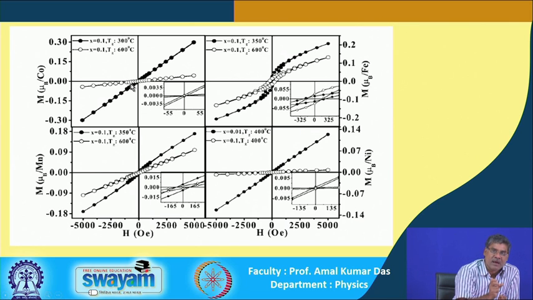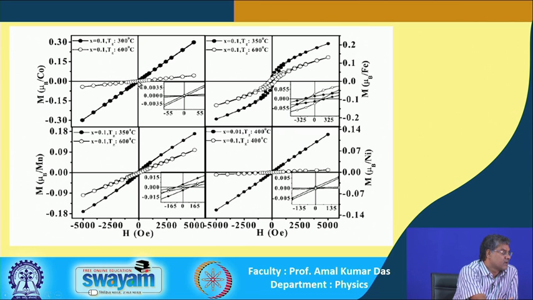So, now you have to expand, you have to magnify it to see whether they are passing through the 0, or they are cutting the x axis and y axis at different points rather than the 0. Those points will tell you about the coercivity and the remanent magnetization.